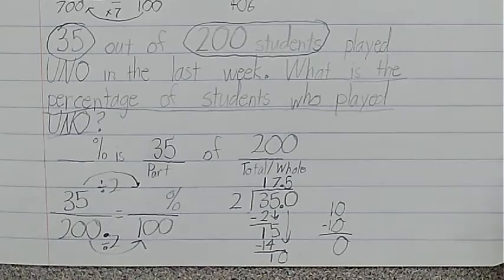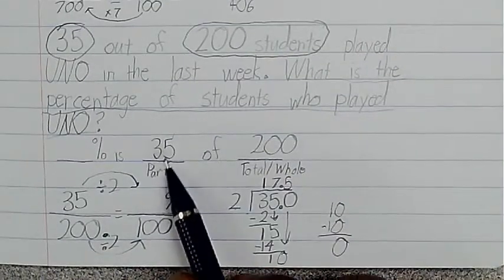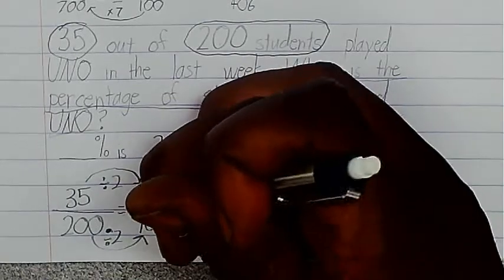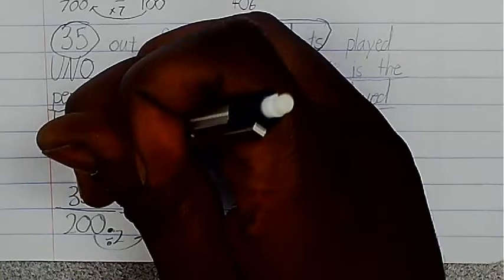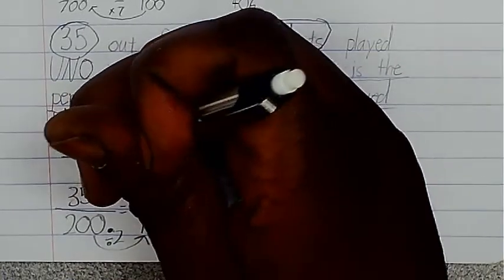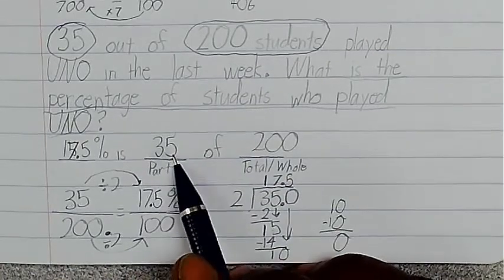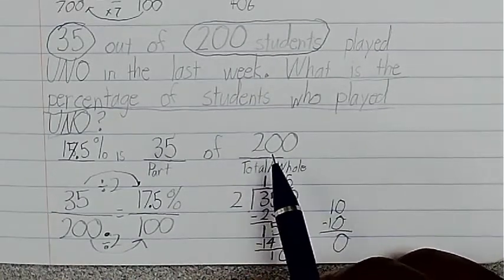So that means the percent of students that represent the 35 out of 200 is 17 and 5 tenths. So 17.5% is 35 of 200.